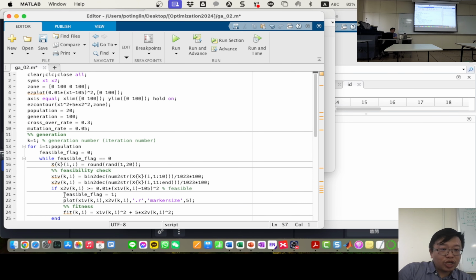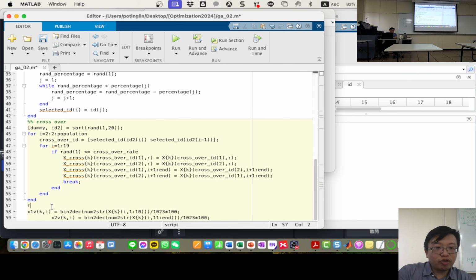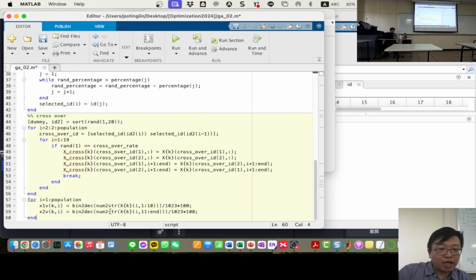So over here, I just need to make a drawing. So let me do a for loop. And then try to show you where are the positions at those cross, the chromosomes after the crossover. So here I'm gonna just say cross.